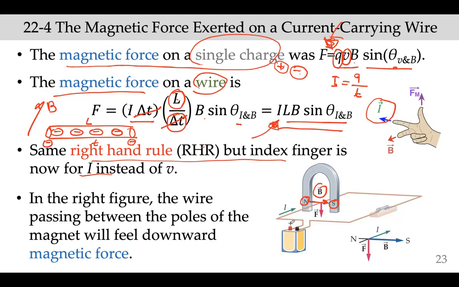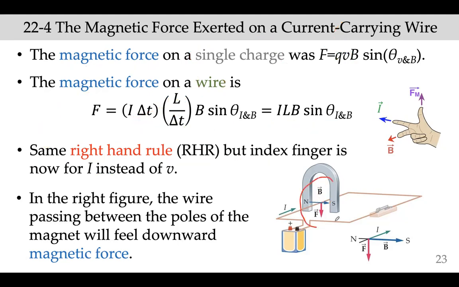The current direction is from the positive pole to the negative pole. So the current is in this direction, which is shown here with green color. The magnetic field is to the right, from north to south.